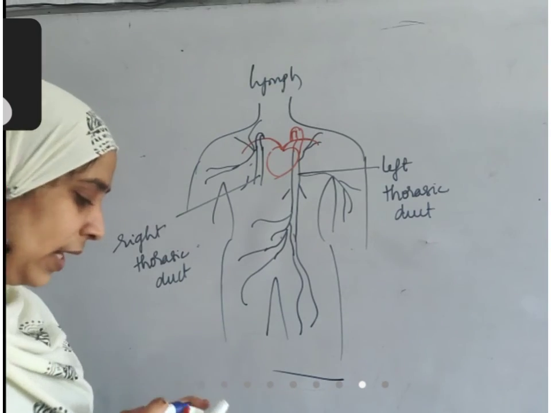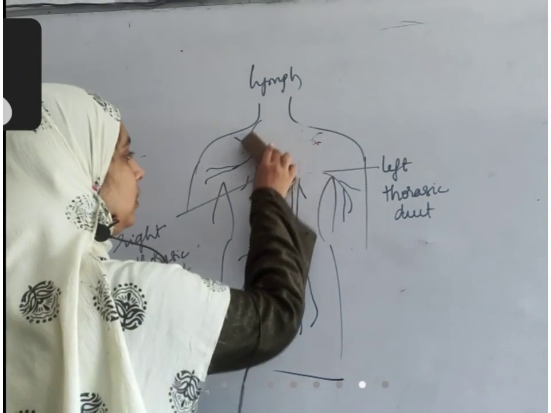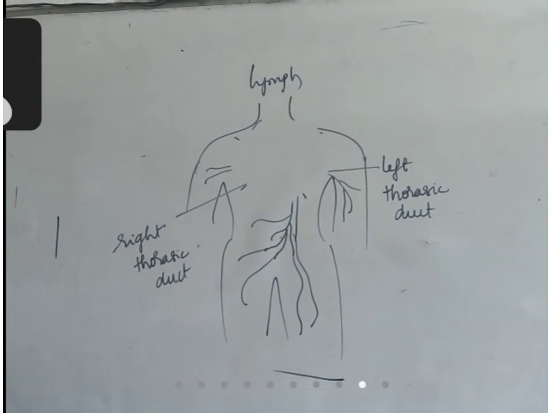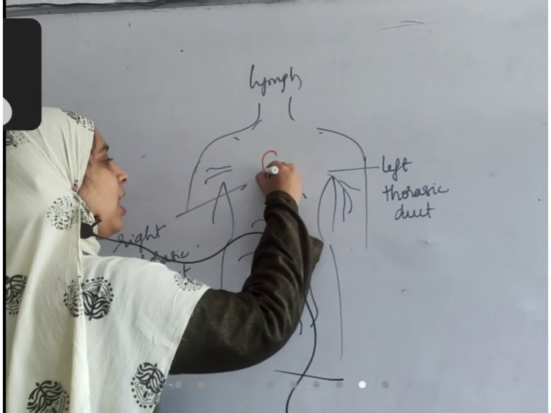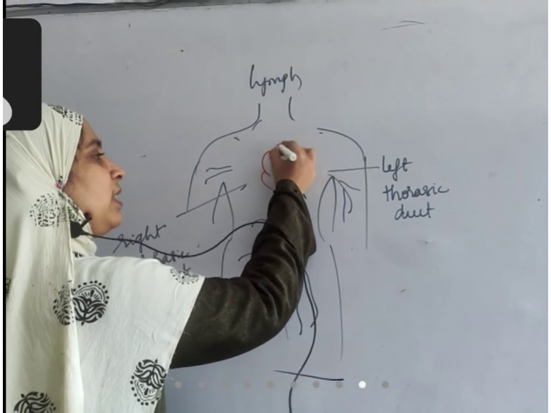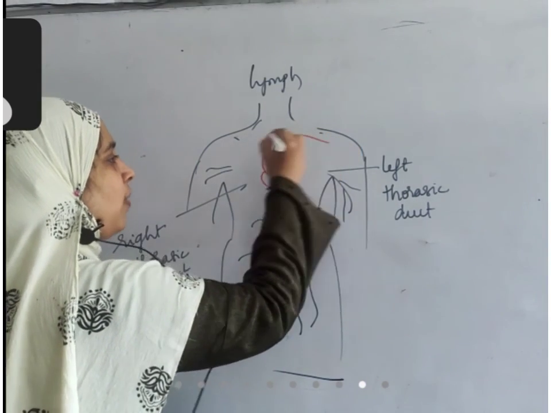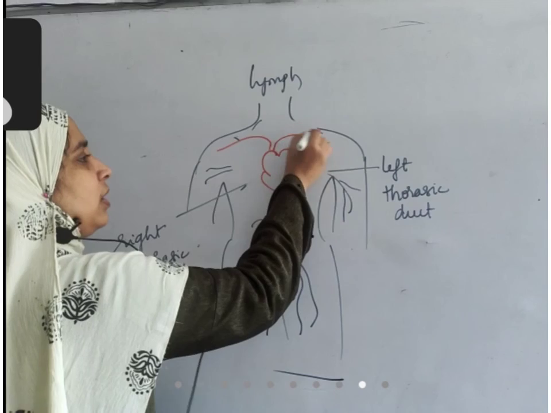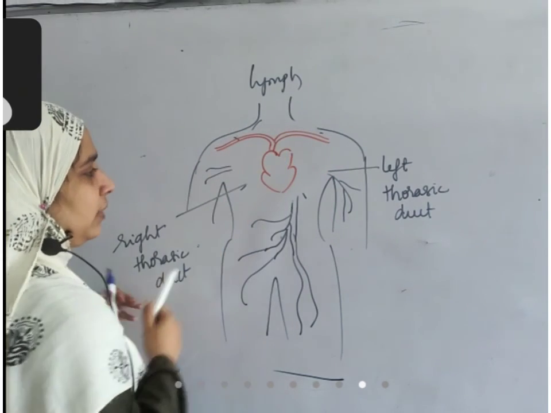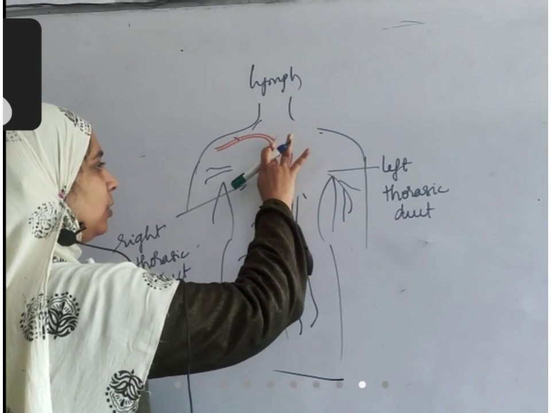So here I'll draw again once clearly. This is our heart. You know very well that the superior vena cava is here. It branches to form the right subclavian vein and left subclavian vein. I'll draw this with blue color to avoid confusion.